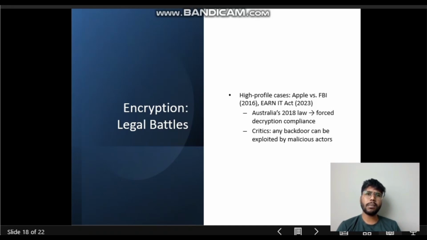Australia's 2018 law compels tech companies to provide law enforcement with decryption data, labeled by cybersecurity experts as dangerously naive because any built-in backdoor can be exploited by bad actors, by black hat hackers.